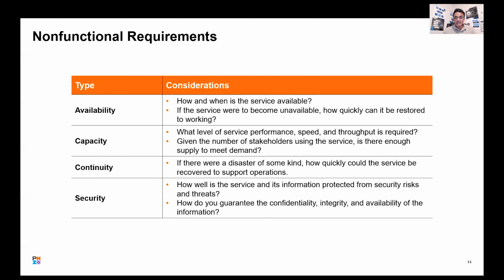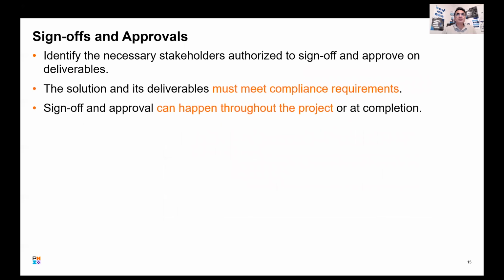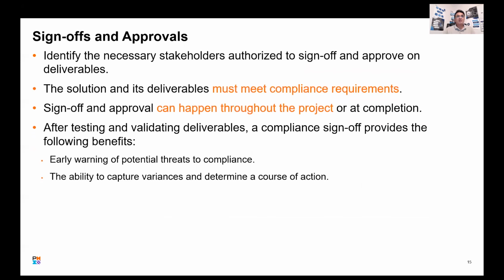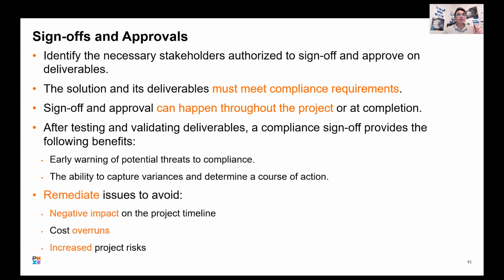Okay. Then we have sign-offs and approvals. Pretty straightforward. You must have sign-off for all the compliance requirements. If you remember, during procurement, you don't have to wait for the end of the project to release the vendor.